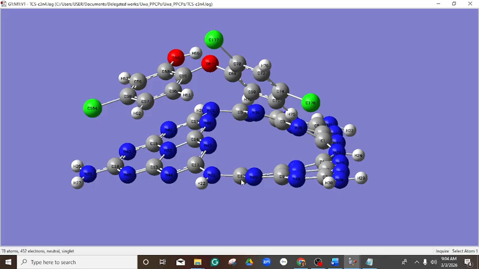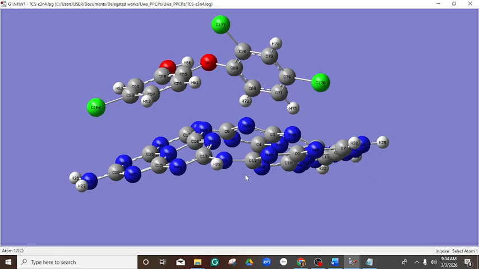So what we are looking for is electrons moving between C3N4, that's graphitic carbon nitride, and TCS. So it is not what we are looking for. I didn't mean we were just studying C3N4 alone.